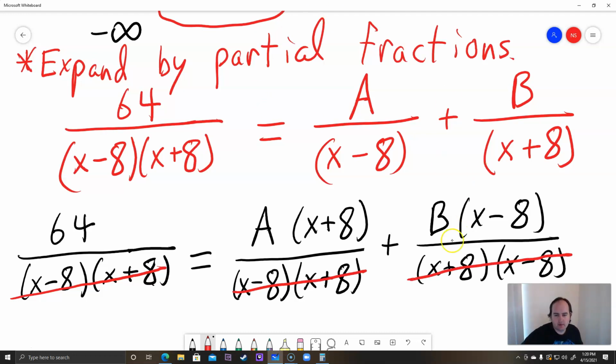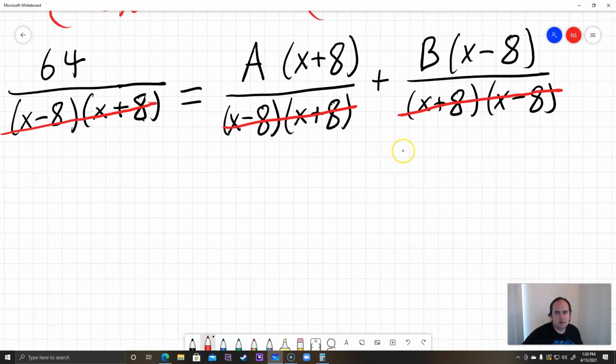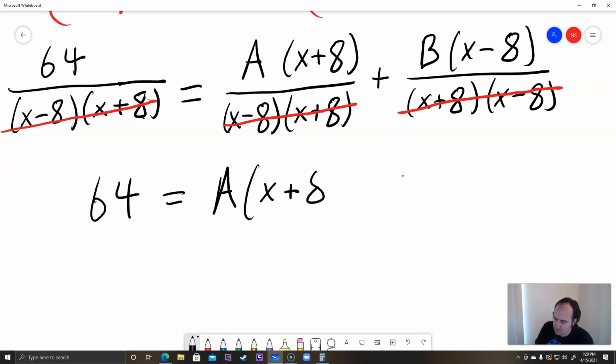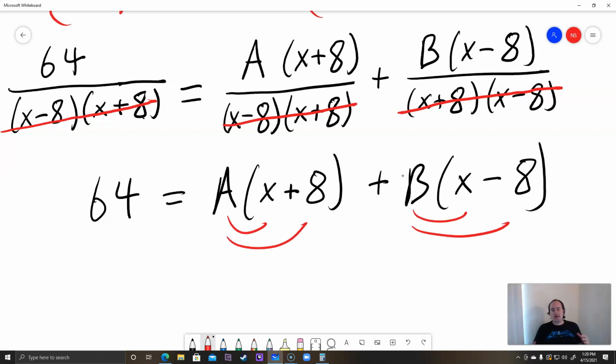And so what we got here is 64 equals capital A times x plus 8 plus capital B times x minus 8. And then on the right side, we need to go ahead and distribute the A and then also distribute the B. Remember, A and B are unknowns, but they're actually constants.